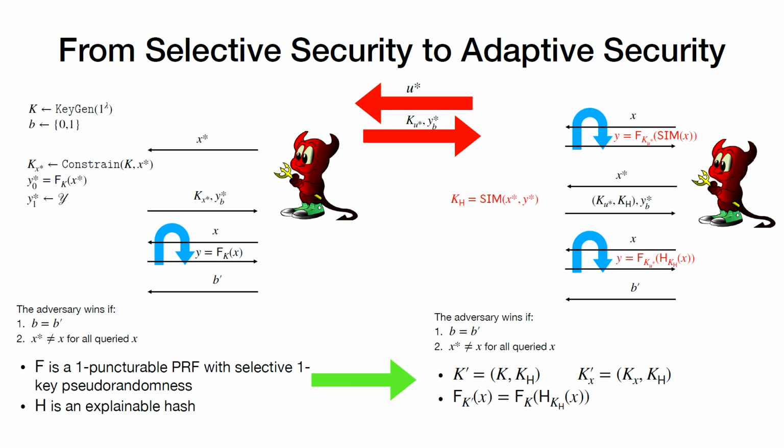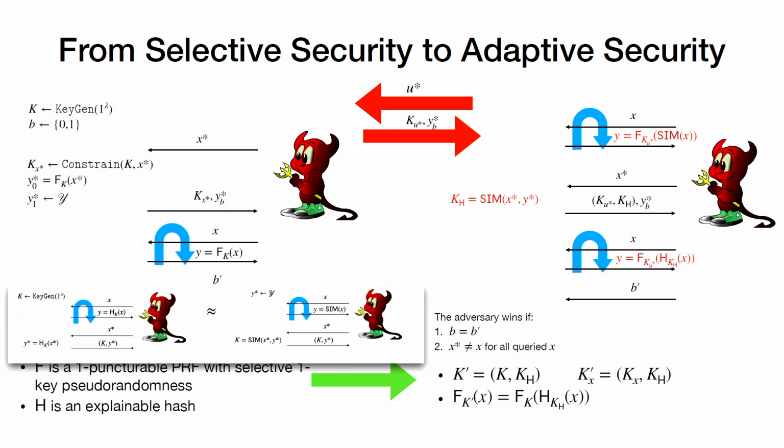And then, after receiving the challenge input, we can reprogram the hash evaluation to map the challenge input to the string we have selected in the beginning. This allows us to reduce the adaptive security to the selective security. And the security of the expandable hash guarantees that such reprogramming can't be detected.